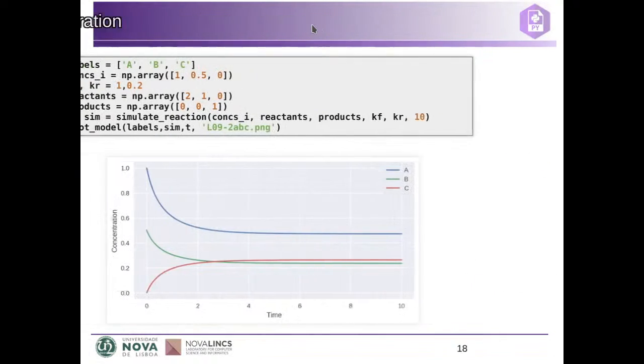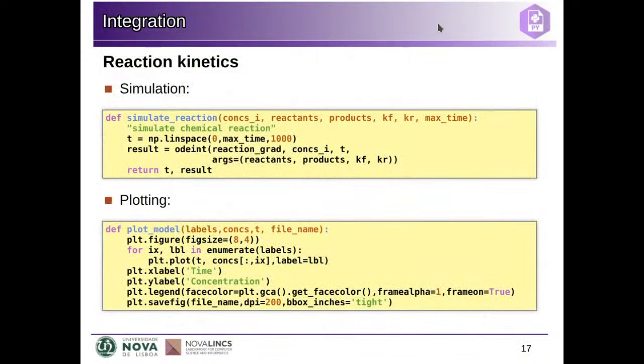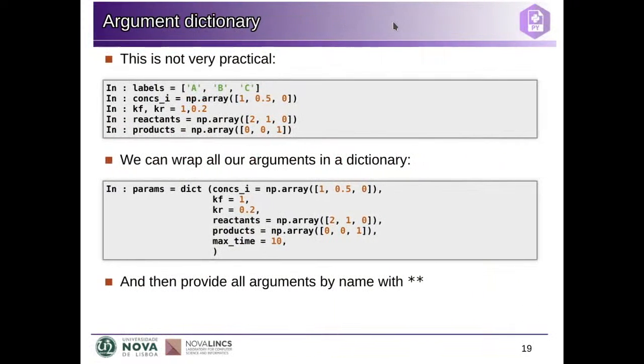One thing that you can do is when you have functions that have lots of arguments, you can call these arguments by name, and you can actually create a dictionary with all these different arguments for the different parameters, where you use the same names for the dictionary.